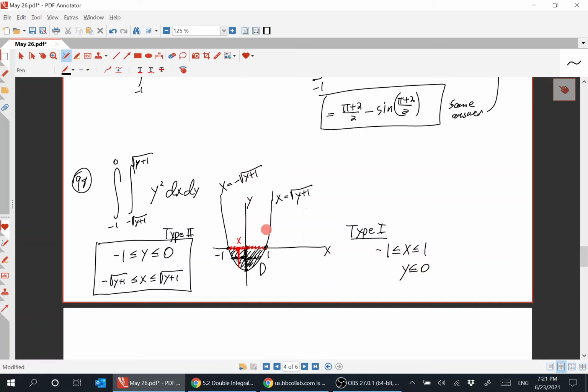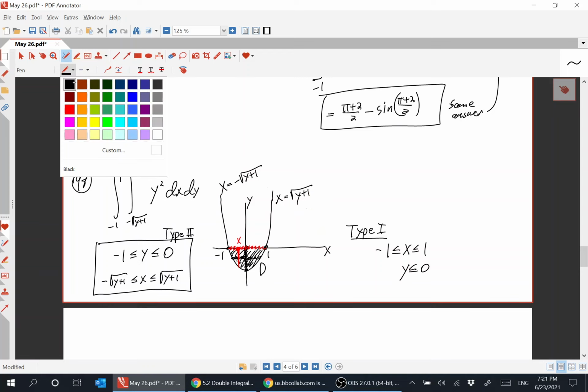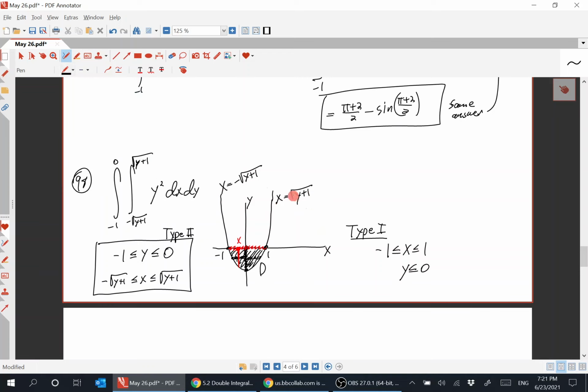Well, what is this? I mean, this is x equals square root y plus 1. So this is x squared equals y plus 1. So this is y equals x squared minus 1. Right? Y equals x squared minus 1 subsumes both of these curves, right?